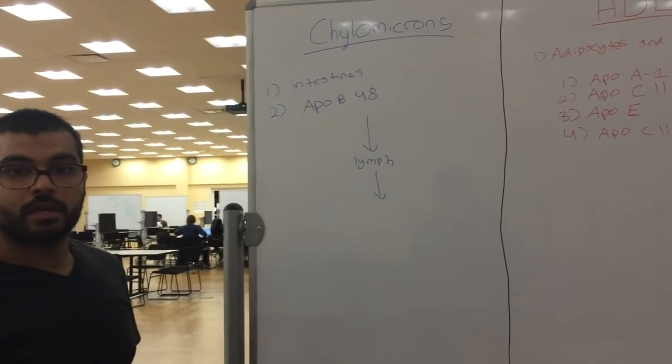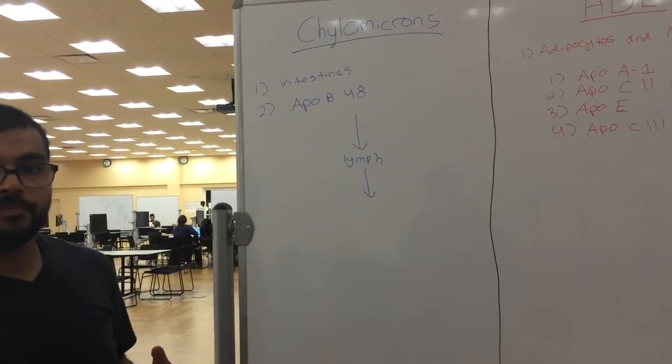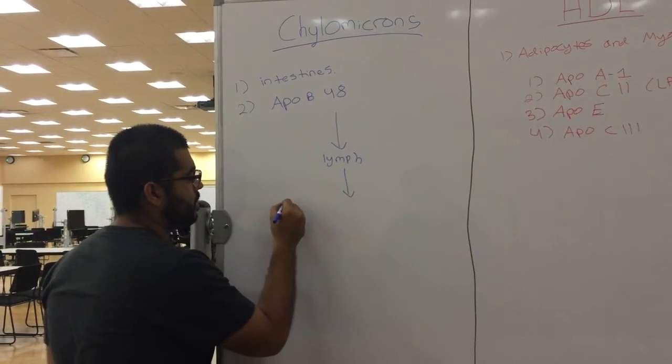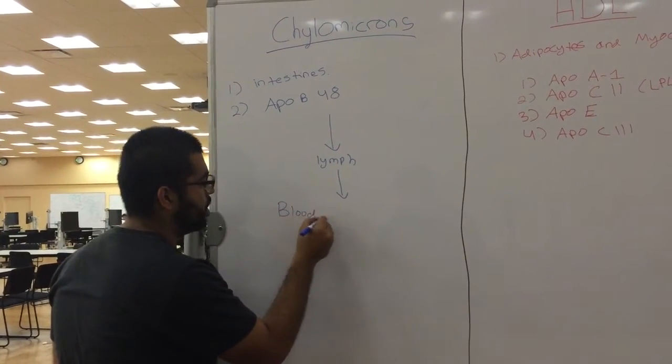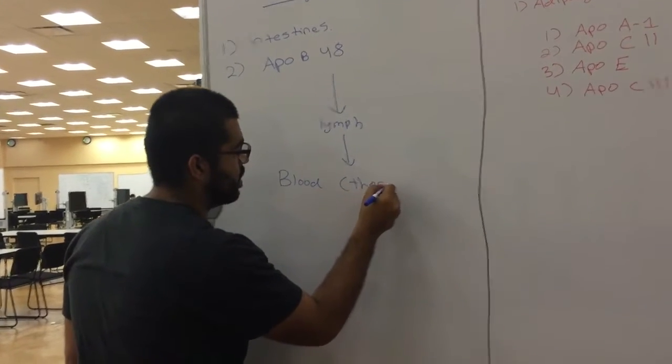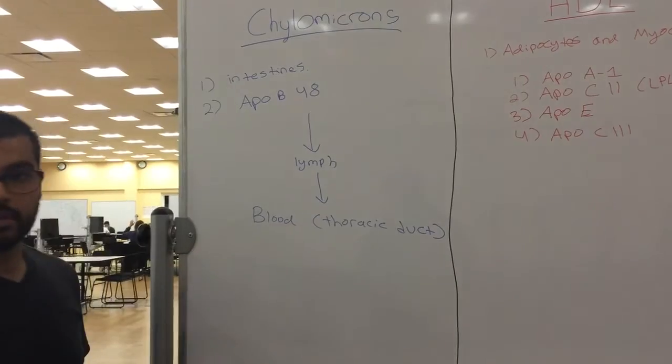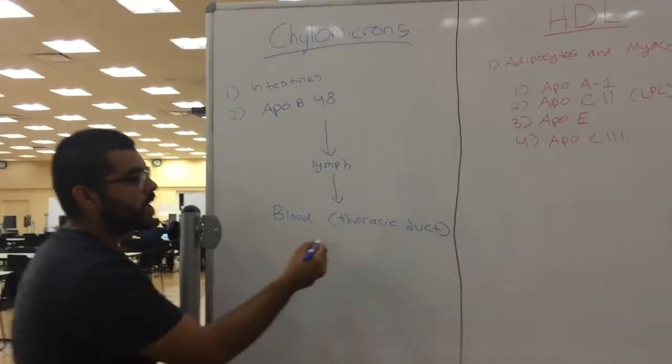Then it enters the blood. And at which level does it enter the blood? At the level of the thoracic duct. Perfect.